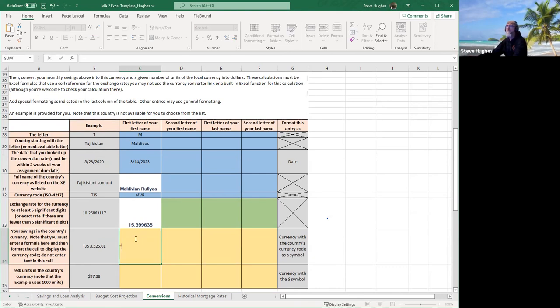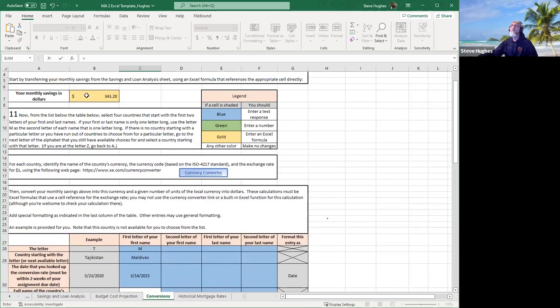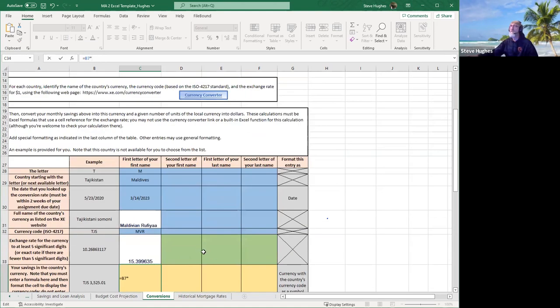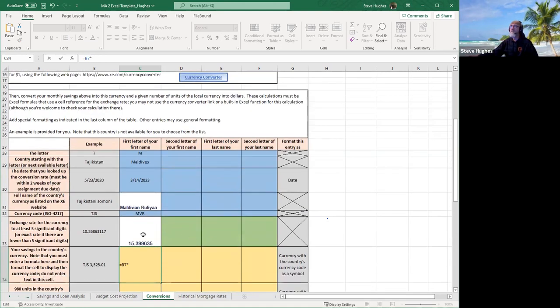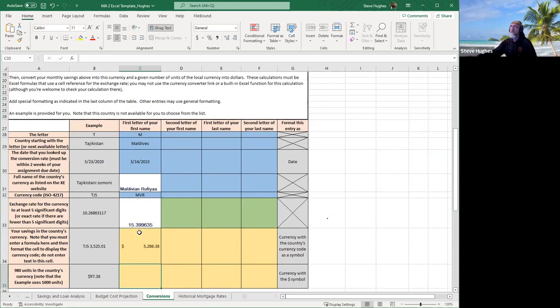So equals, click on that cell, times B37 times my currency conversion ratio, which is this. This says the MVR is 15.399635 for every $1 US. So now hit enter and I have that correct code.